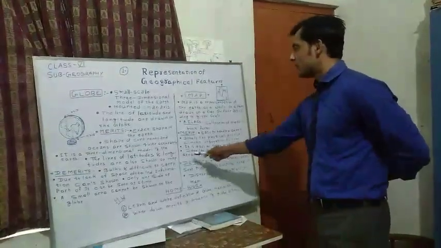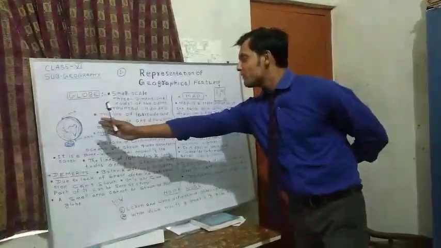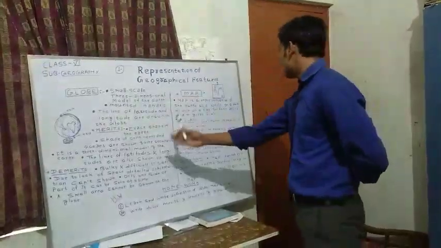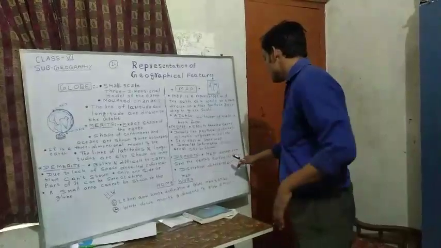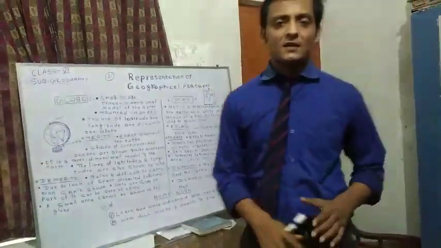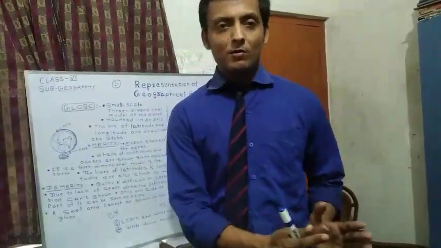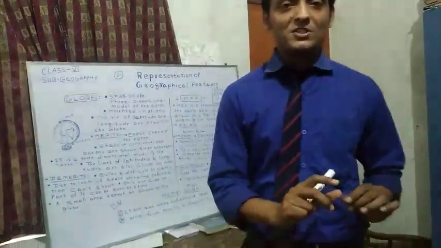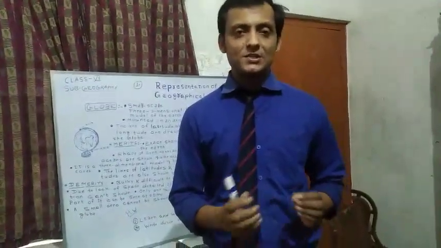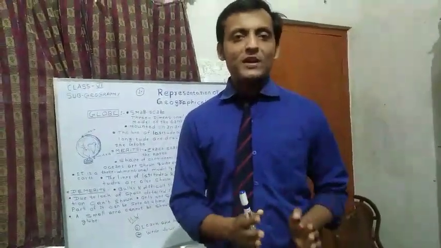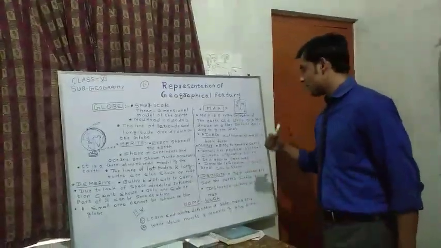Another demerit of a map is that when we transfer information from the globe to the map, distortion takes place. Distortion means its original shape and size is disturbed and changed. So these are some demerits which I have explained.